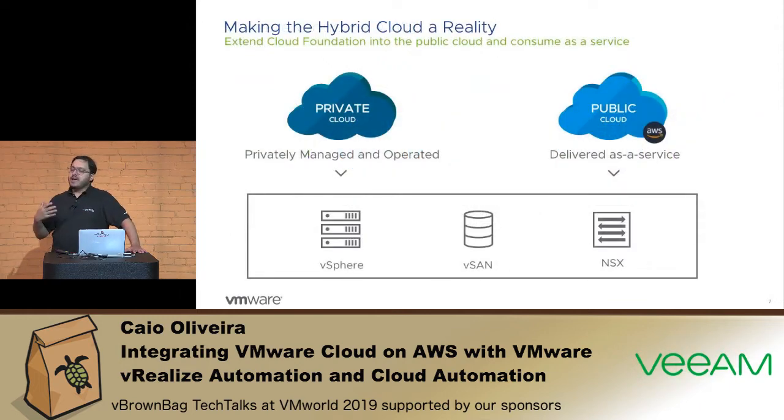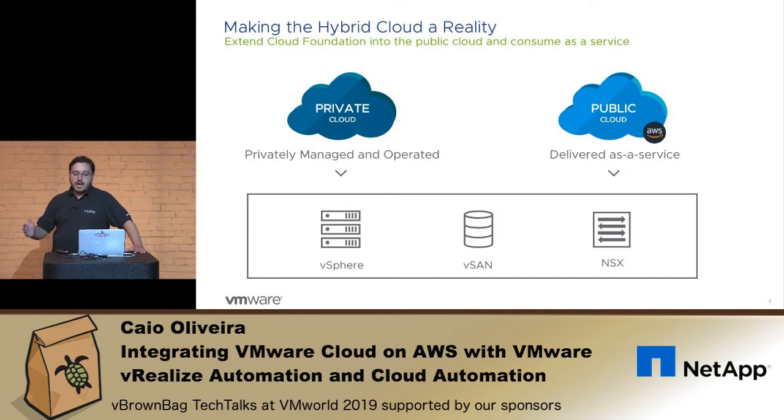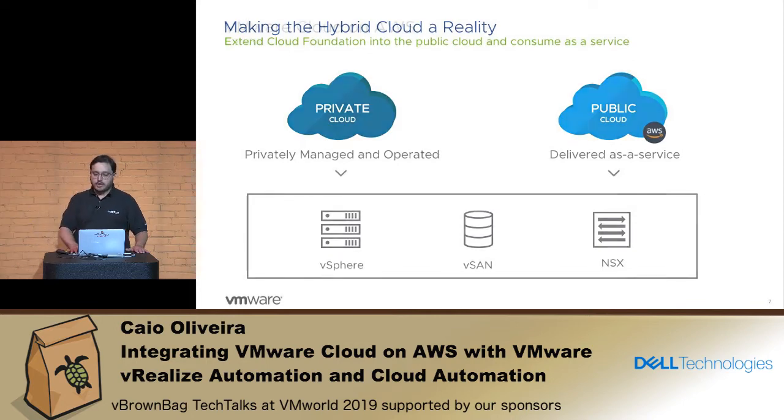So in VMware Cloud on AWS, we have our three main products, three main solutions. It's vSphere, which creates an abstraction of the compute, vSAN for the abstraction of the storage layer, and NSX doing the abstraction of networking and security. This is delivered as a service on AWS.